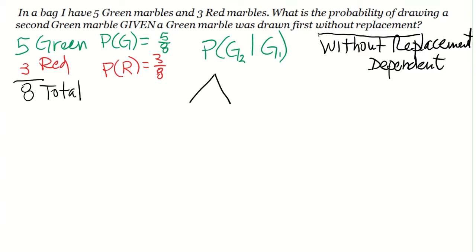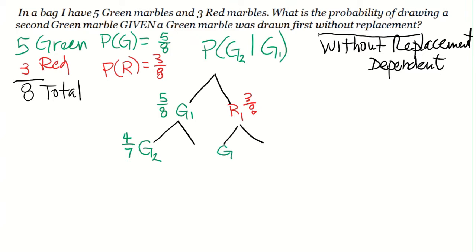On my first draw, I have the possibility of drawing a green at 5 over 8 probability, and I have the possibility of drawing a red at 3 out of 8 probability. Then I'm going to do my second draw, and with each of these I'm going to have the probability of a green or red. So if I draw a green, then my probability is going to be 4 over 7 on my second draw.